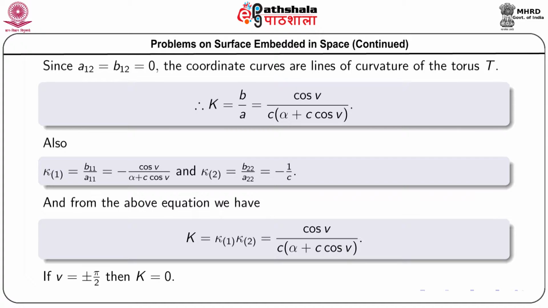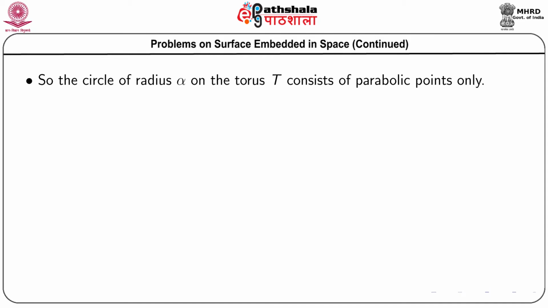And from here we see that if v equals plus minus pi by 2, then K equals 0. That means, when v equals plus minus pi by 2, all the points on this torus are the parabolic points. So, the circle of radius alpha on the torus T consists of parabolic points only.